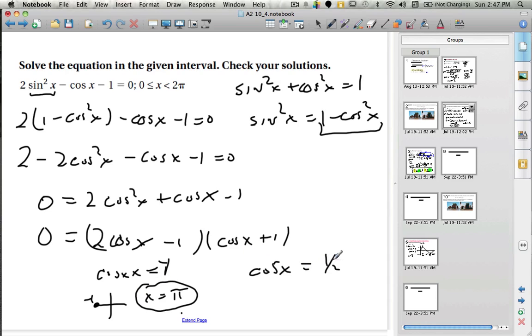And where is cosine 1/2? In that case, the x values are over here. When x is 1/2, I would be at pi over 3, and I would also be at negative pi over 3.